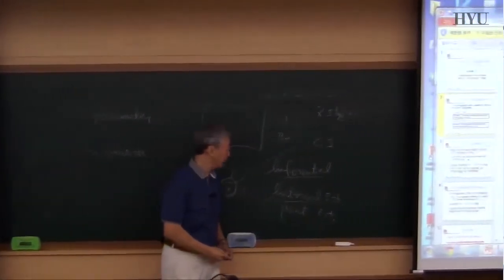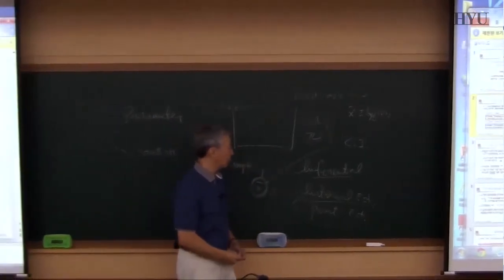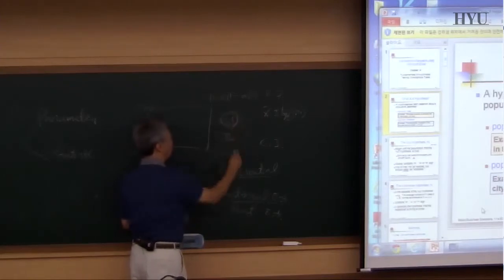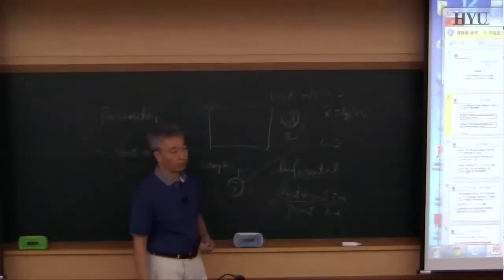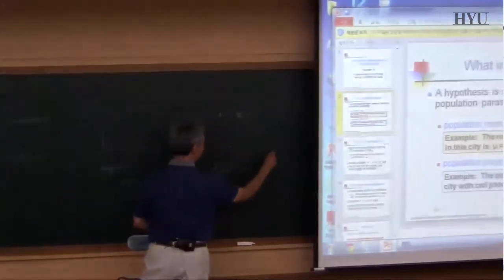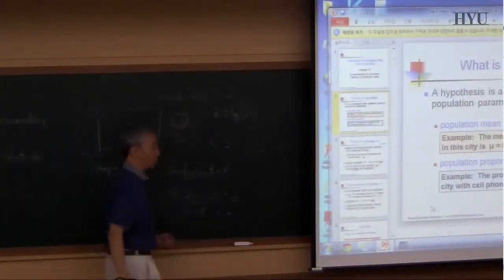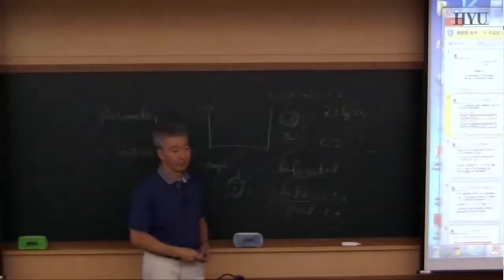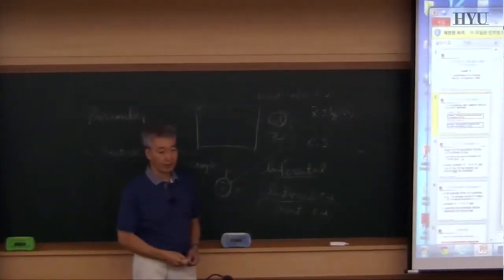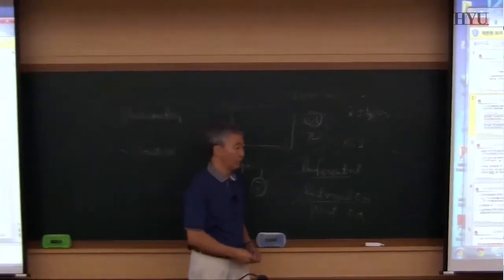So in interval estimation, even though we do not know the actual number for mu, the population mean, we're trying to come up with a certain range or interval where we are, say, 95% confident that the actual mu exists.